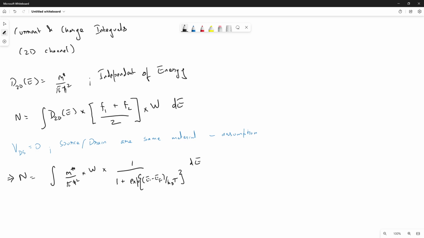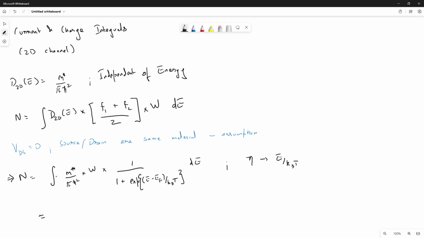Now, since this quantity is occurring here, let us replace it by eta. So, essentially, defining eta to be E upon kBT, then dE will be d eta kBT. So, we will have this equal to, and let us divide this expression by W on left and right.